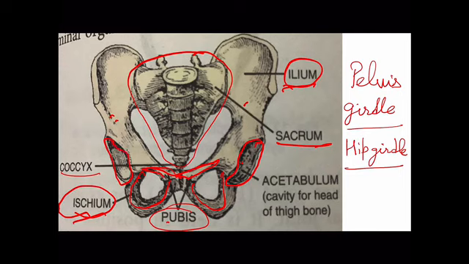In this cavity the head of the thigh bone, that is the femur, is attached, and the legs are attached to the body from this cavity only. So in the pelvic girdle, acetabulum is the name of this cavity, and in the pectoral girdle it is called the glenoid cavity, but here it is the acetabulum.